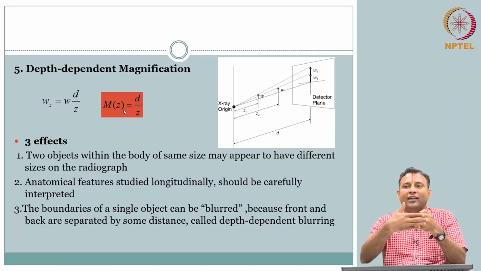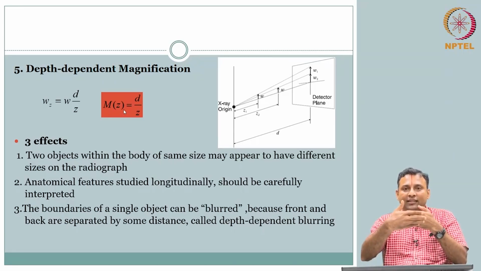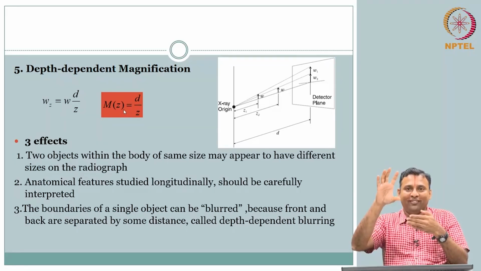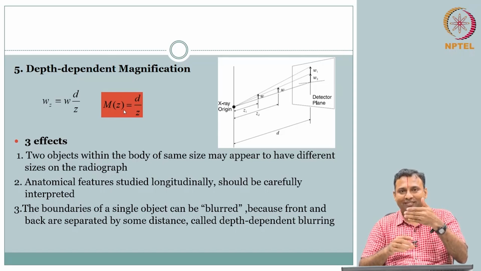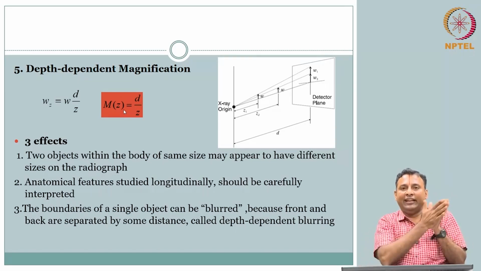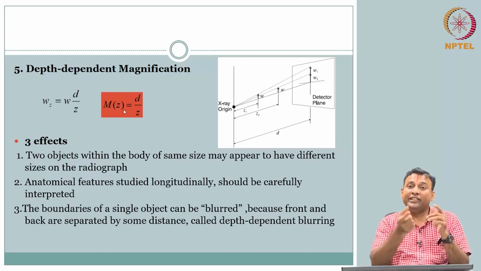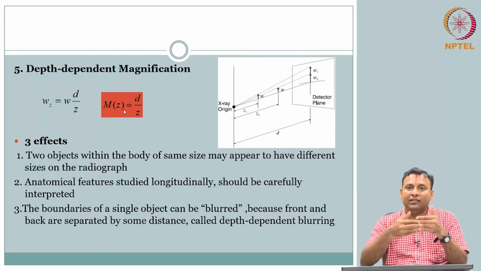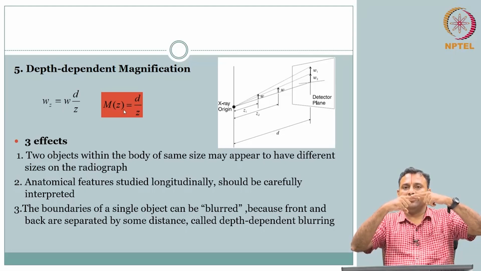So if I have an object which has a front end and a back end separated by a distance, the front edge is going to grow, and the back edge is going to grow less, right? There is going to be some magnification unless this is on the detector. But there is this differential magnification, so that means the two edges probably come close.